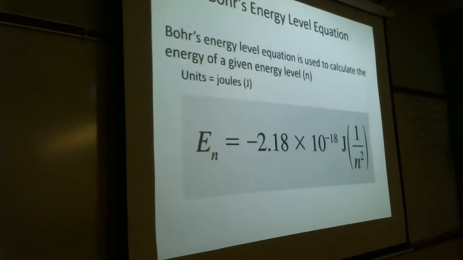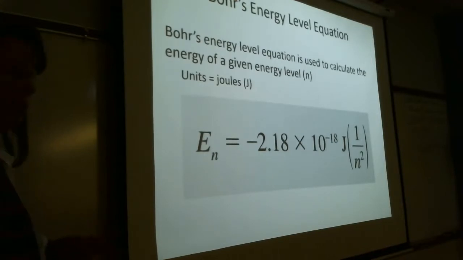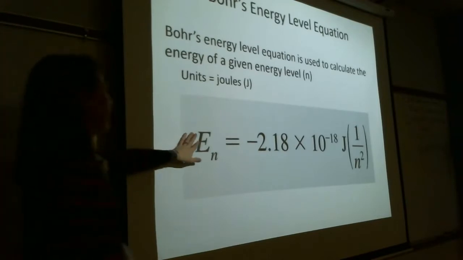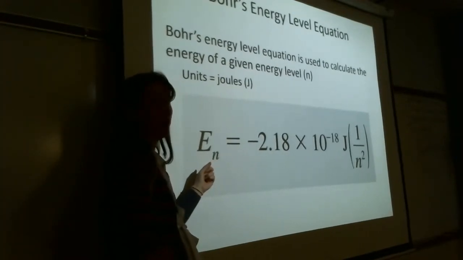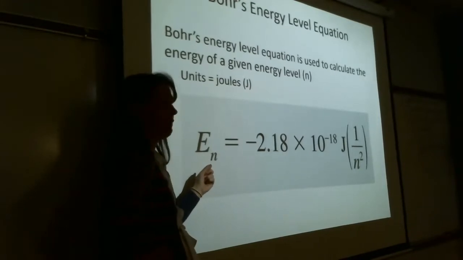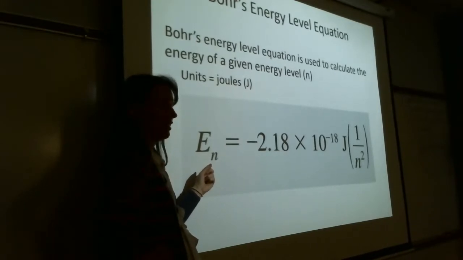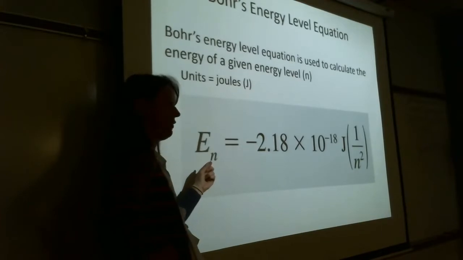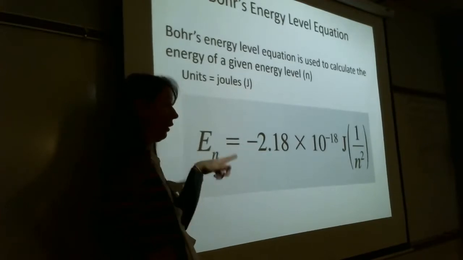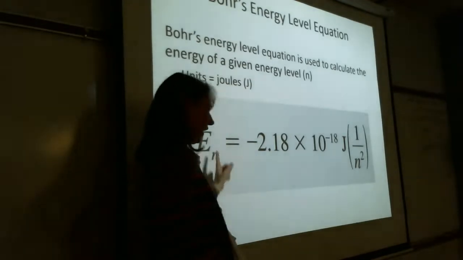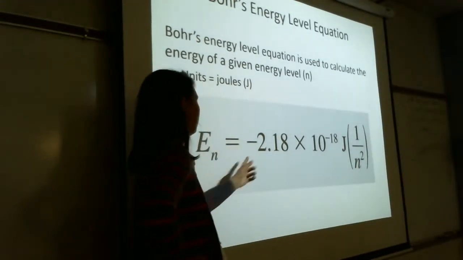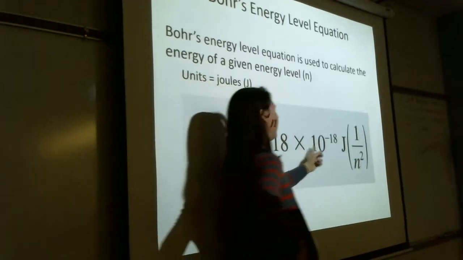So here's the energy level equation. If you did this in physics, it's probably a familiar equation. E of n, where n is the energy level, so it can't be 0, right? Because you can't have a 0 in the denominator. There's no such thing as a 0th energy level. So this is a value n greater than or equal to 1. So energy of the first energy level, second, third, fourth, fifth, etc., is negative 2.18 times 10 to the negative 18th joules.